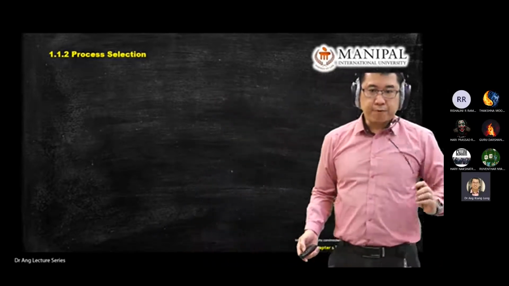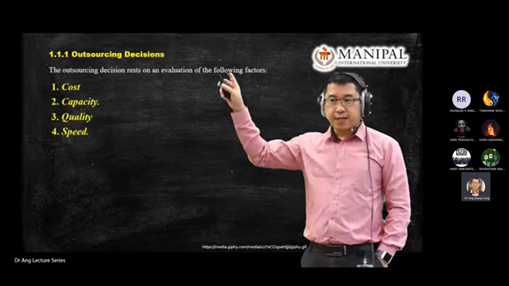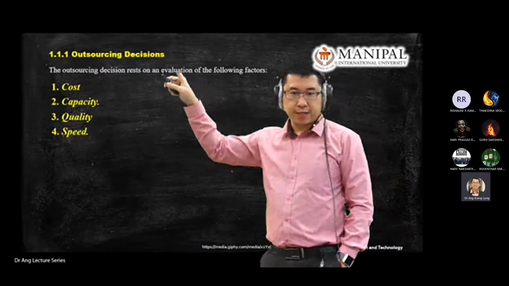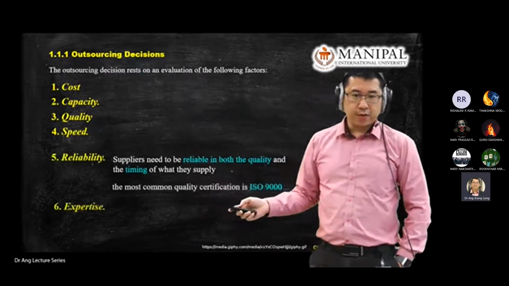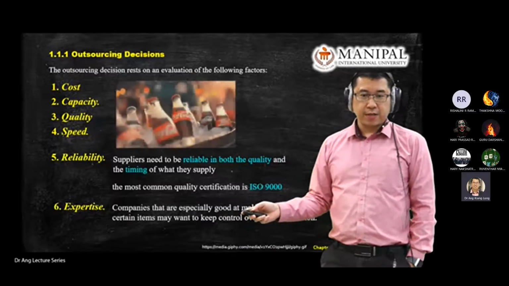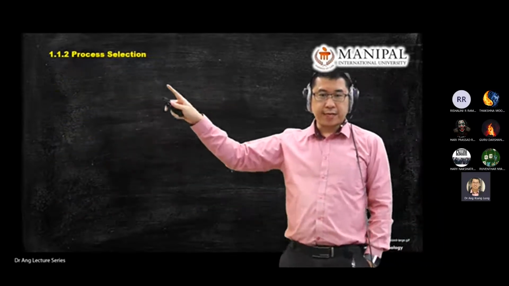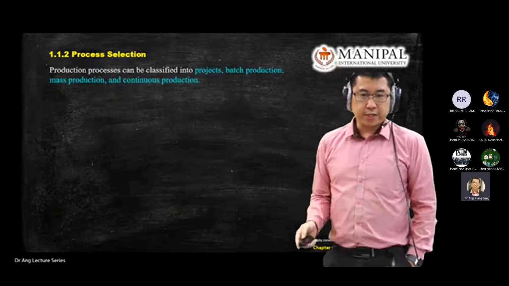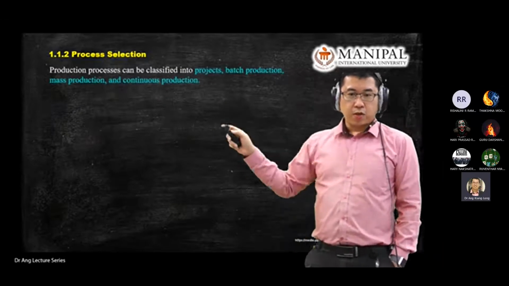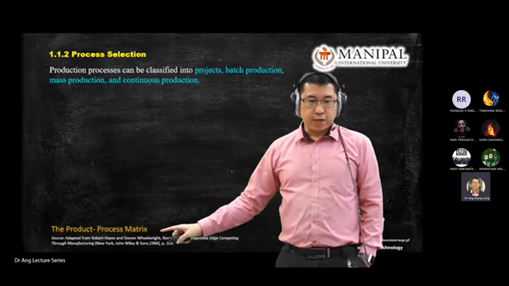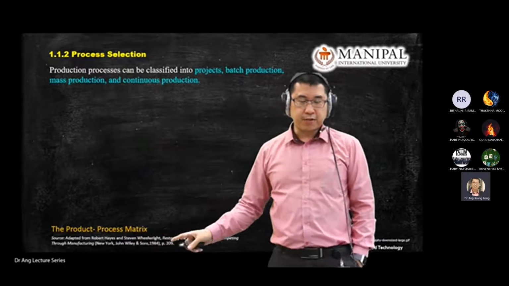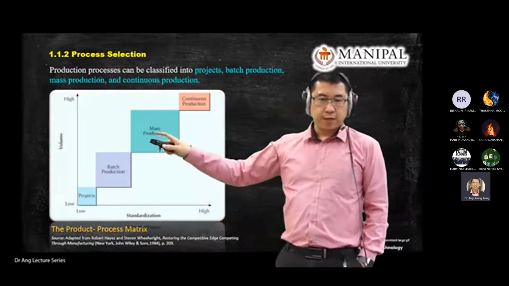Next we look at process selection. We have done the outsourcing decision already. Then in the second session we look at process selection. We can use the product process matrix.